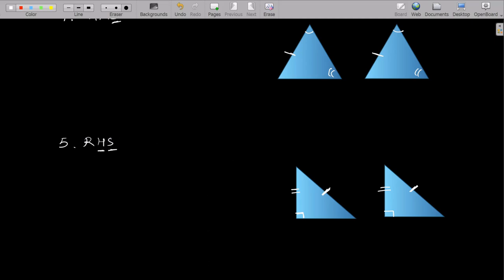R stands for right angle, H is for hypotenuse, S stands for side. It's also called the hypotenuse leg theorem.